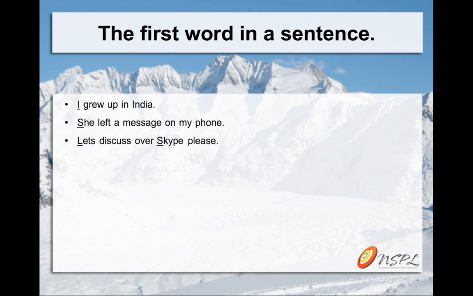So the S in she will always be capital. The last line says, let's discuss over Skype, please. Let's, the L is capital according to the rule, but why is the S in Skype capital? We are coming to that, because Skype is a noun, it's a product name, it's not a verb. So there is a difference between verb and noun, right?